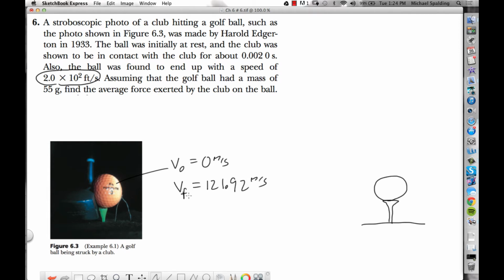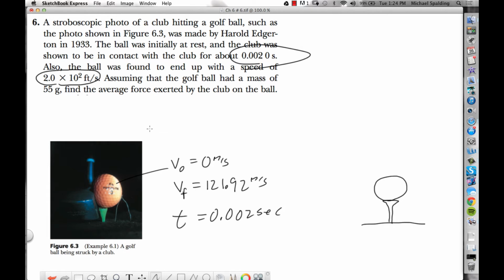Now, over what time period does that velocity change occur? They give it to us right here. The club is in contact with the ball. I mean, talk about a split second. 0.002 seconds. That club just goes bam, the ball's off the club, fraction of a second.